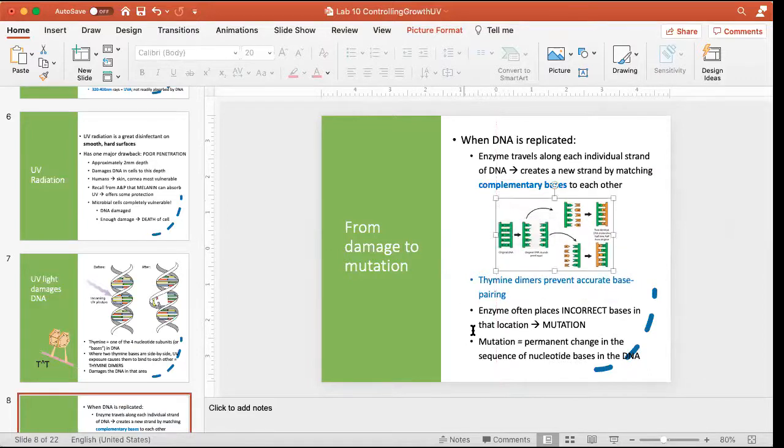A mutation is a permanent change in the order of the bases in a DNA molecule. So what ultraviolet light can do is create these dimers that then, once the cell goes to divide, are going to lead to mutations occurring.